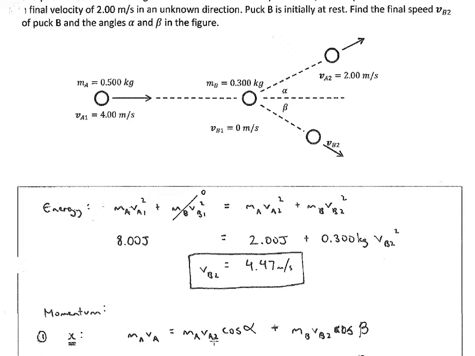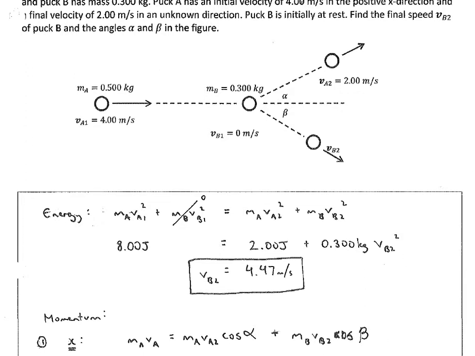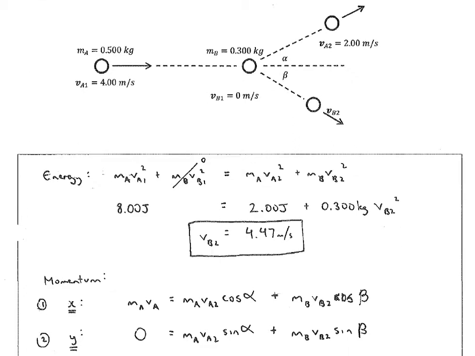After the collision, we need to find the cosine components: cosine alpha, cosine beta. Same thing in the y direction. Initially it's only traveling to the right, so we have zero momentum in the y direction, and after the collision something's moving up, something's moving down.